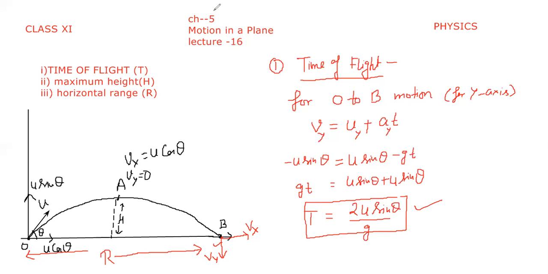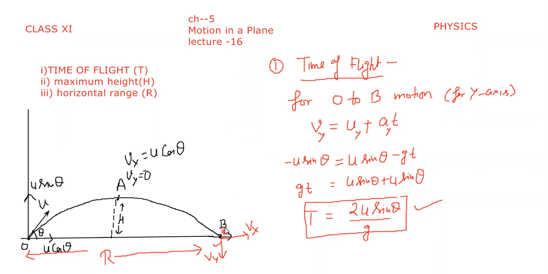Once again, I will explain. For time of flight, we take O to B motion, and these symbols are for the y-axis. What is the value of Vy?